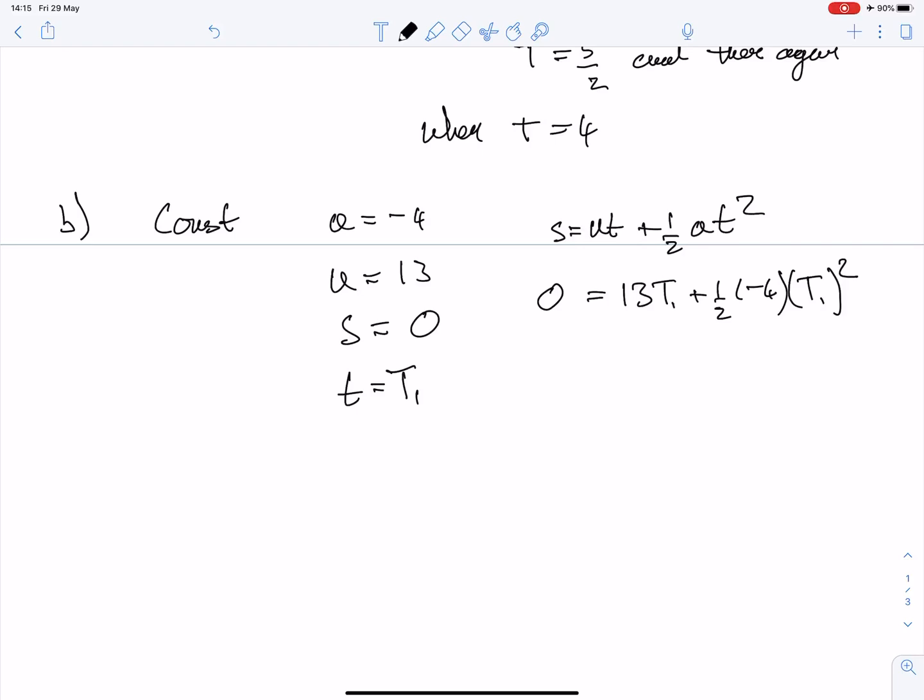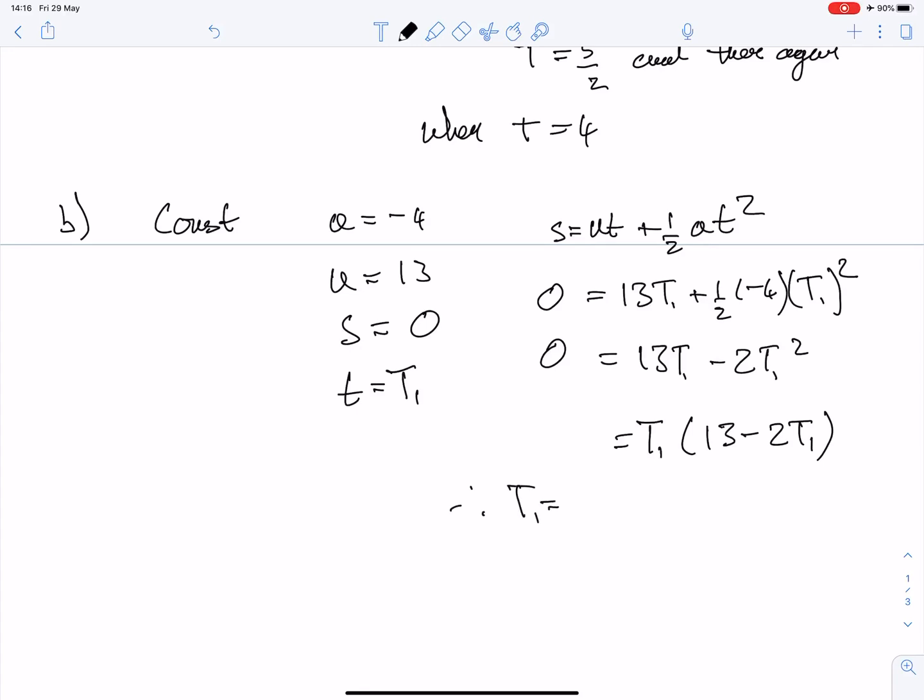Okay, again, we've got a quadratic, 13t1 minus 2t1 squared. Well, that's equal to 0. Probably don't need to make this a positive quadratic, but if you do, then that's absolutely fine. But we can take the t1 out as a factor, leaving 13 minus 2t1.